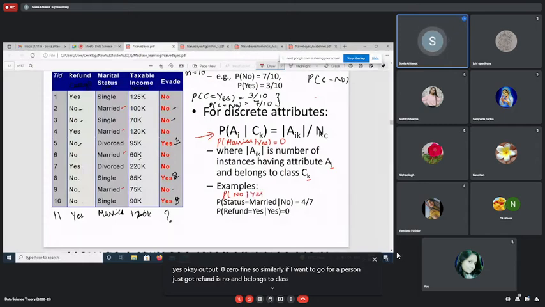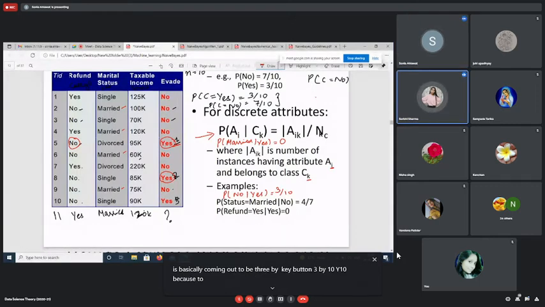Fine. So similarly, if I want to go for a person whose refund is no and belongs to class yes, what will be the probability now? So refund is no and it belongs to class yes. The first one is this, because the refund is no and class is yes. Again it is basically coming out to be 3 by 10. Why 10? Because the total is 10 for yes plus no. But what is being asked?